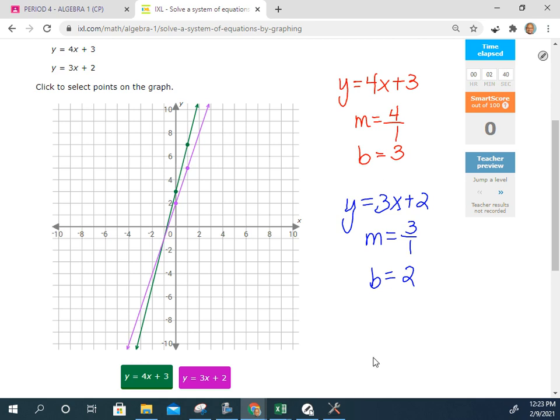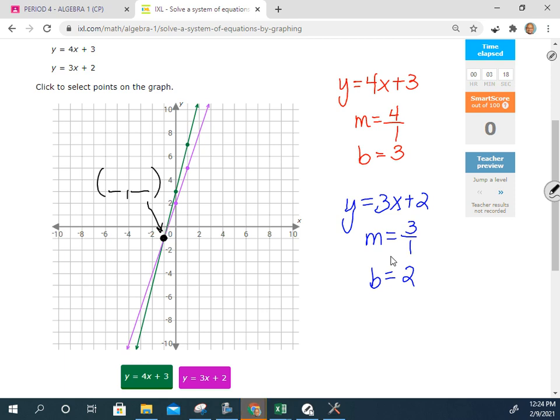So now both lines are graphed. Now you have to look and see where these lines meet. It looks like they meet right about there. So you have to identify what that point is.